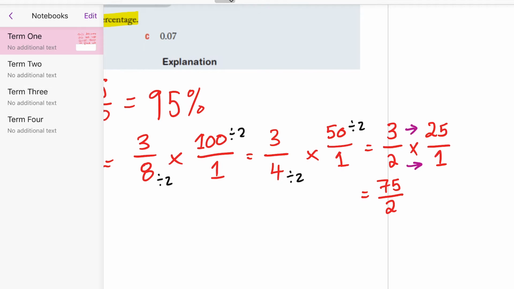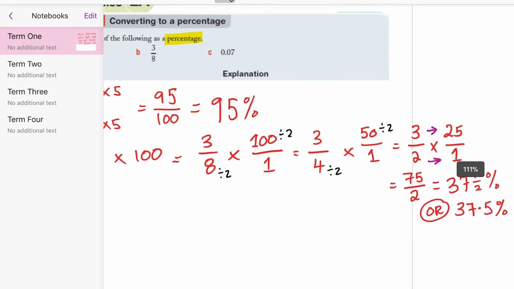How many times can 2 go into 75? Well, that allows it to be 37.5%. Or you can write it as a decimal, but feel super confident when you're converting to a decimal. 37.5 is also acceptable with the percent sign.